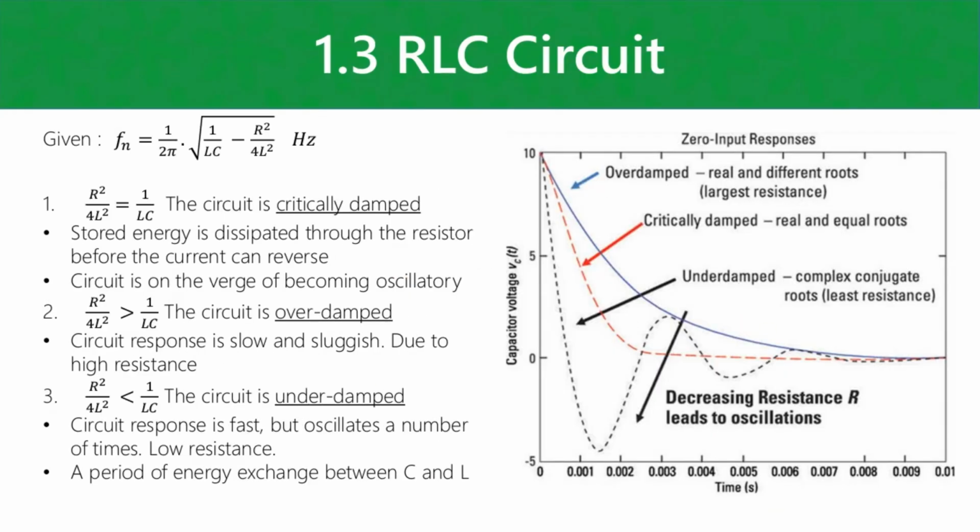There's quite a few things that we can do with this formula. One of them is to determine whether a system would be critically damped. Basically this red curve here is a critically damped system.